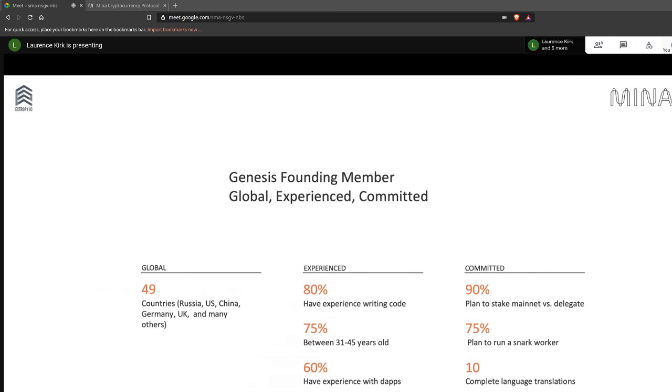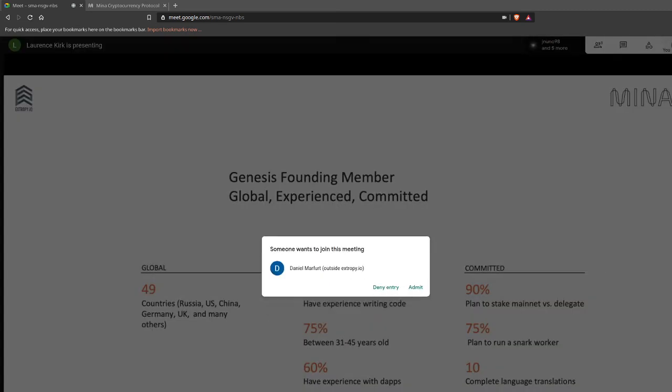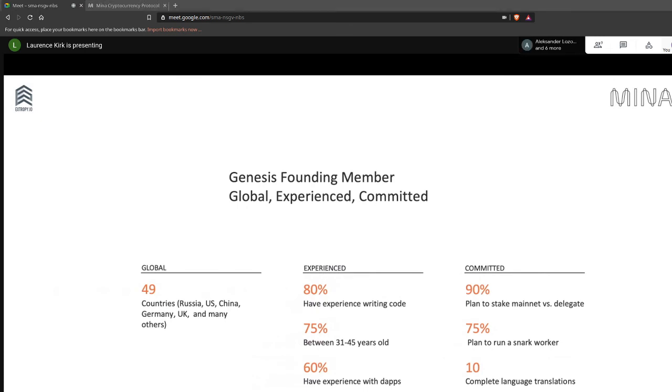So if you're interested, please apply. They have a grant of tokens to give you for the program. The other way to get involved is via the testnet and to amass points on the leaderboard.